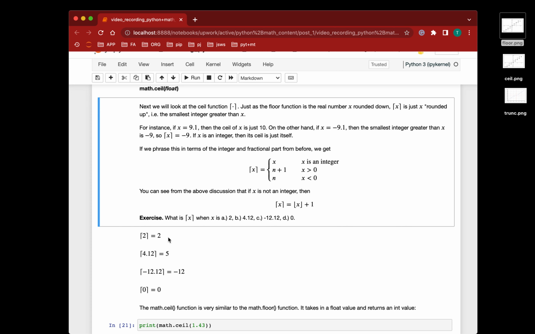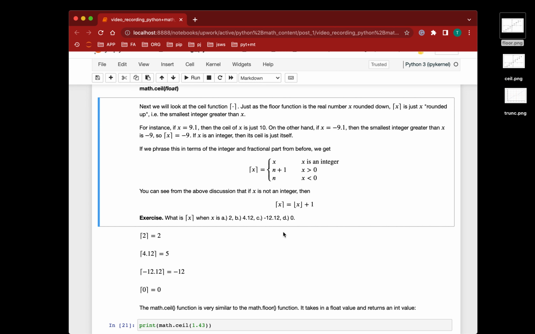Let's look at more examples. The ceil of 2 is just 2, since this is an integer. For 4.12, 5 is the smallest integer not going below it, so 5. For negative 12.12, negative 12 is the smallest integer not going below it, so negative 12. And for 0 it's just 0.